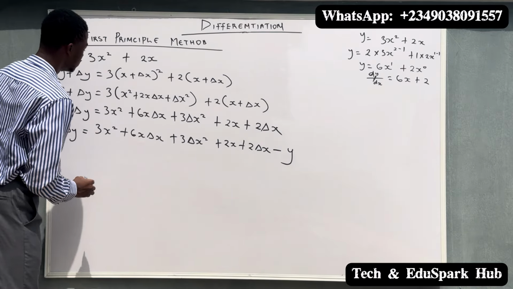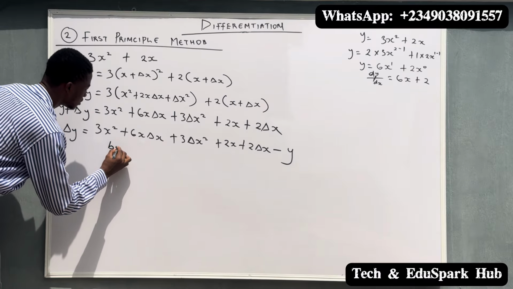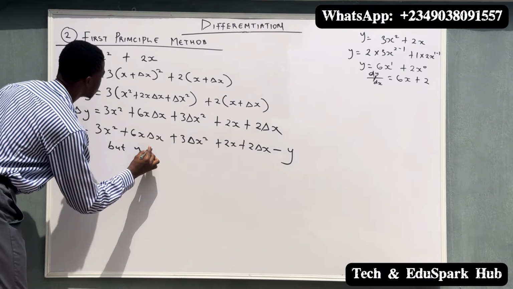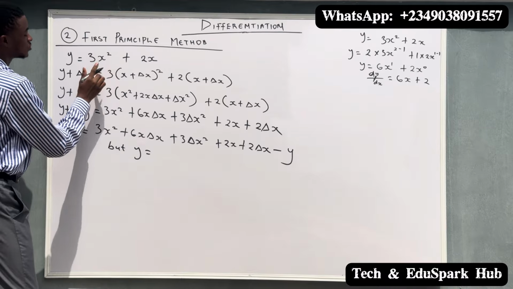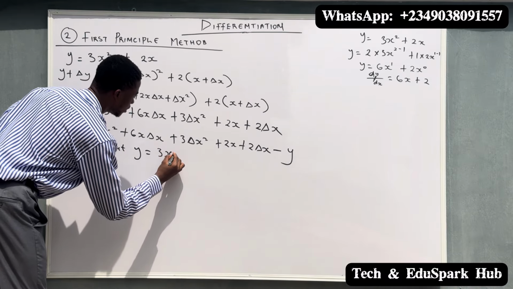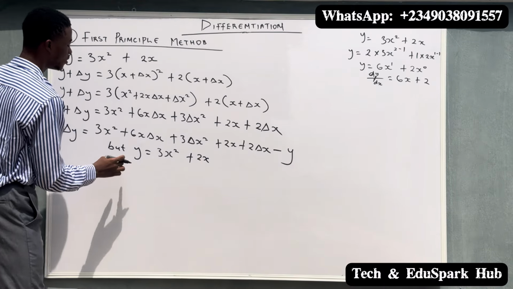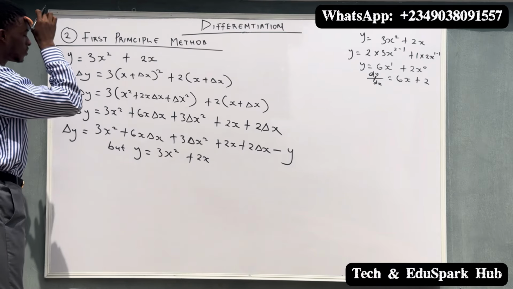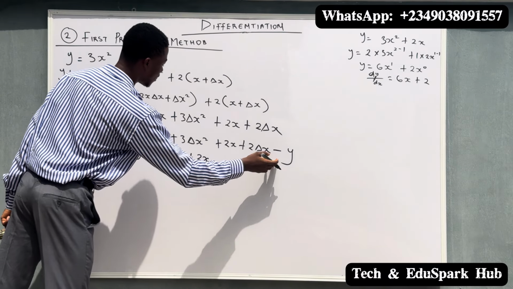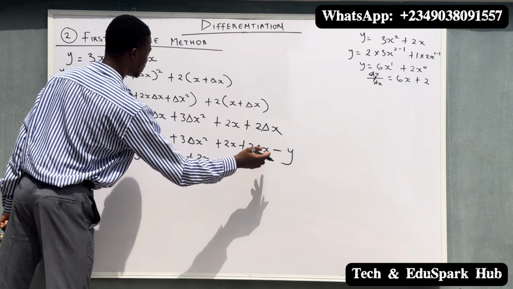Now we know from the question that y is equal to 3x squared plus 2x, so we can substitute y for 3x squared plus 2x anywhere we see y.